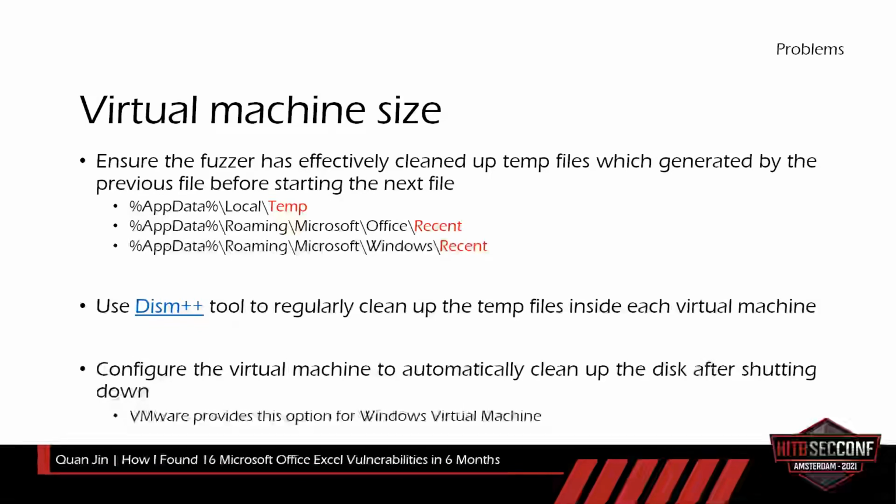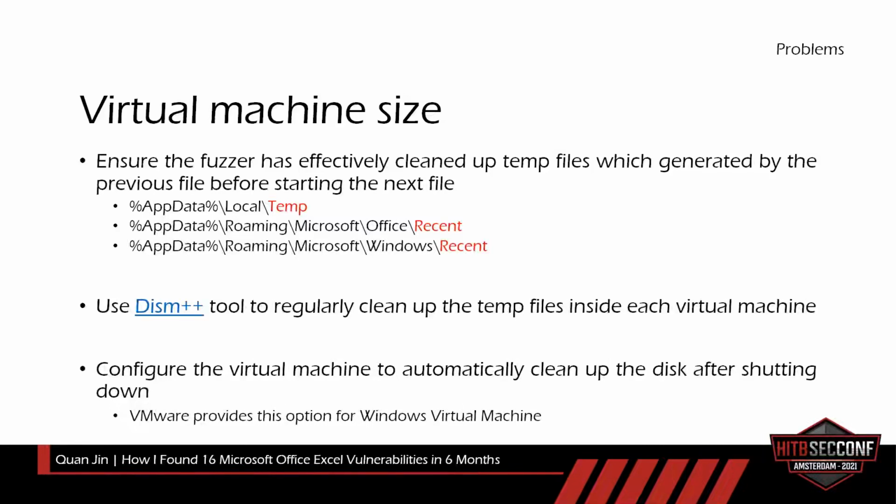In addition to the above operations, I also use the DISM tool to regularly clean up the temp files inside each virtual machine and configure the virtual machine to automatically clean up the disk after shutting down.